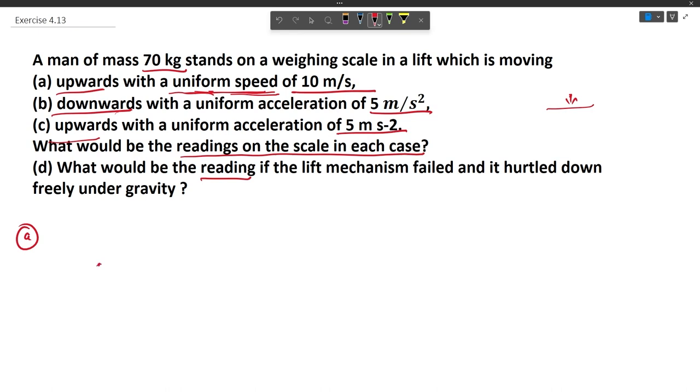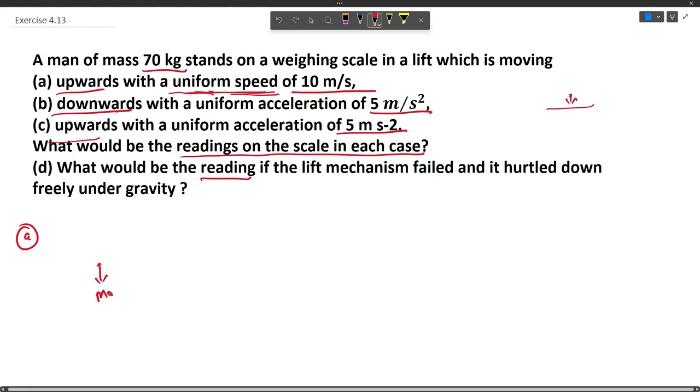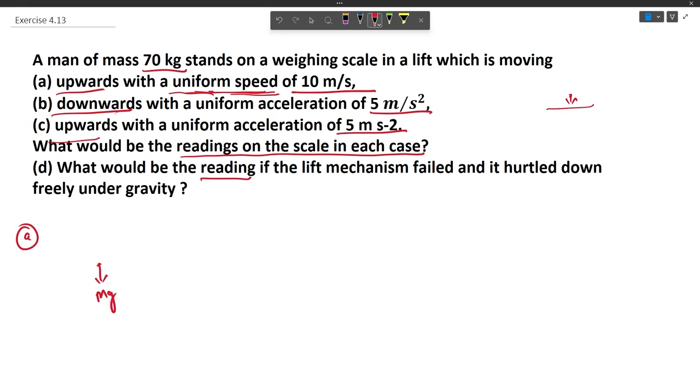Now the forces acting on the body are, first, the force due to gravity, that is mg, and the reaction force equivalent to mg that is applied by the weighing scale. So the force acting downward is mg, that is mass times gravity, 70 kg multiplied by 10 meter per second square, or 700 Newton.